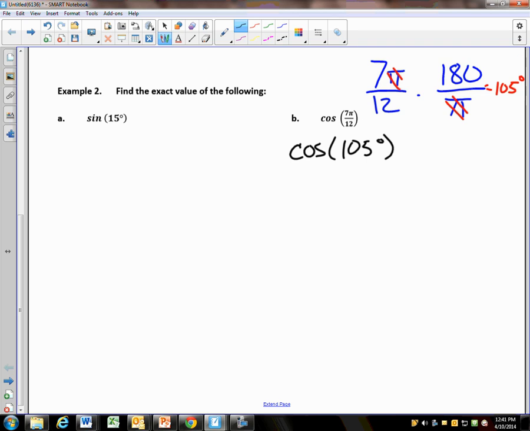Very good. So Holly decides that she wants to pick two angles that add to 105. You could pick two angles that subtract to 105. Depends on how you want to handle the situation. So she picks two that add. So we will do that. We'll pick the cosine of 60 plus 45.